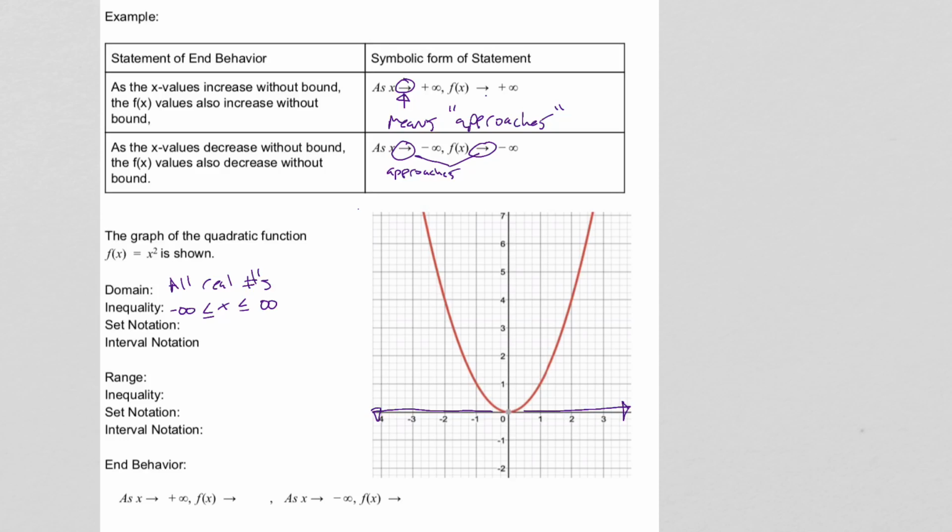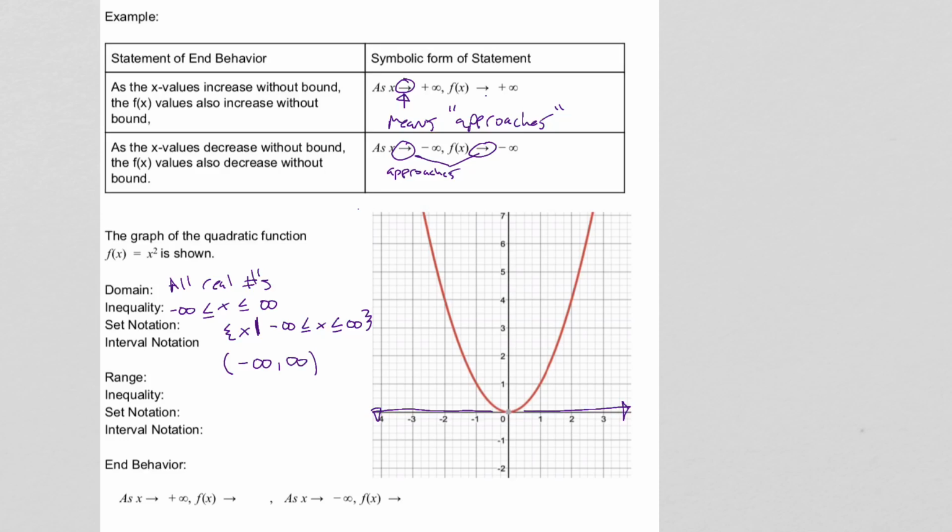As set notation, this is going to be, I have to write kind of small, x such that, basically then you type in this inequality you made, and then close it with the funky bracket. And there's an interval notation. It would look like this. Between negative infinity and positive infinity.